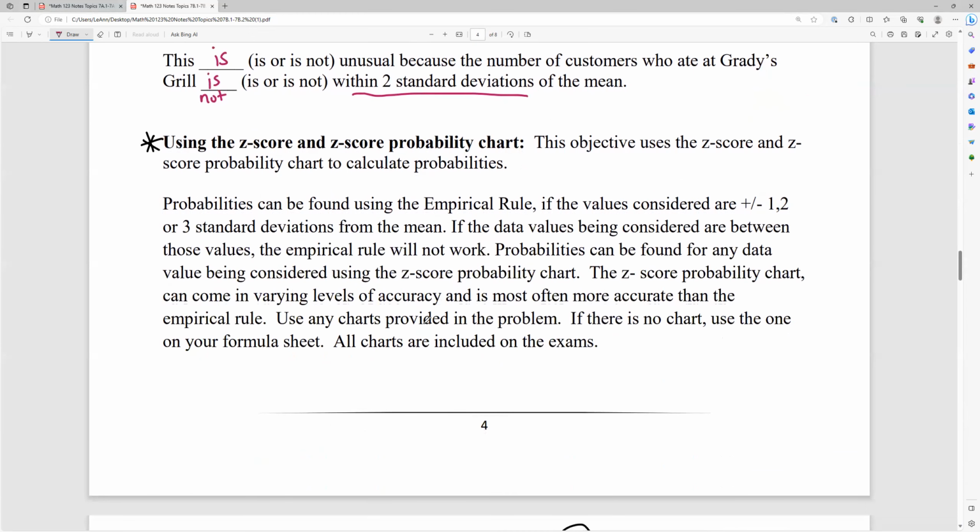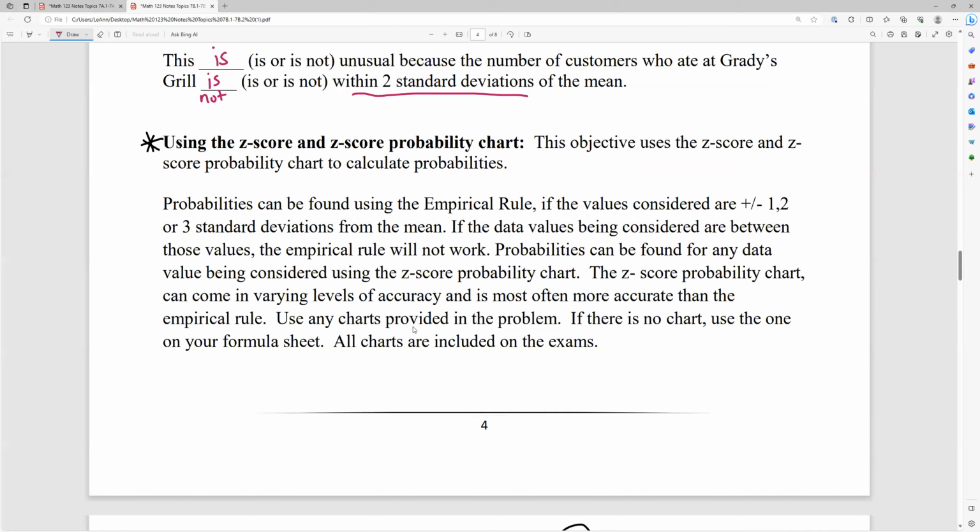All right, so then that takes us to the last piece that we just barely got to start in class, which is using z-score conversions, which we just practiced, to then find probabilities for any data item using the z-score probability chart.